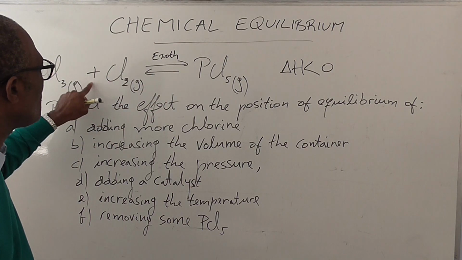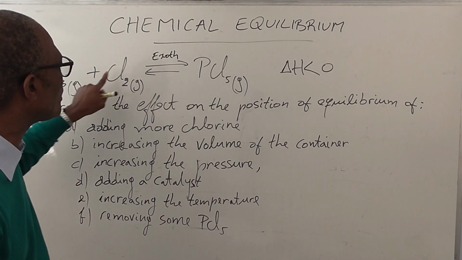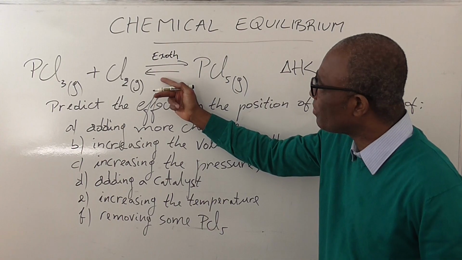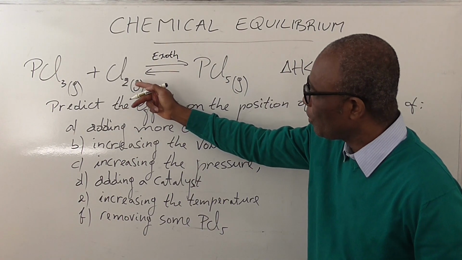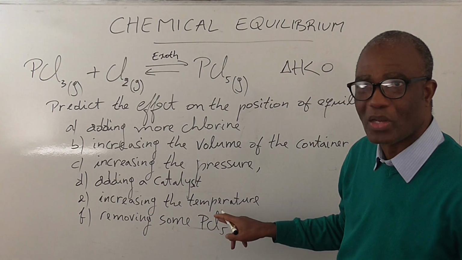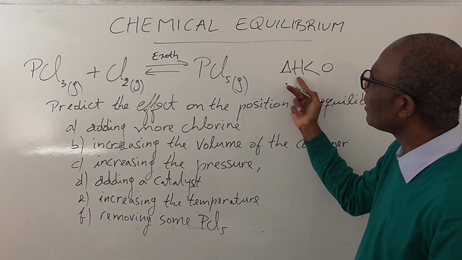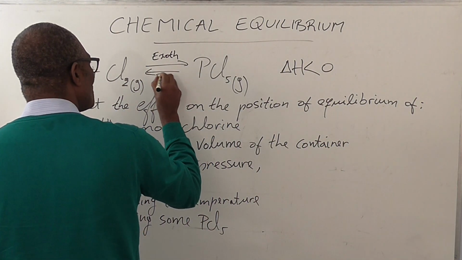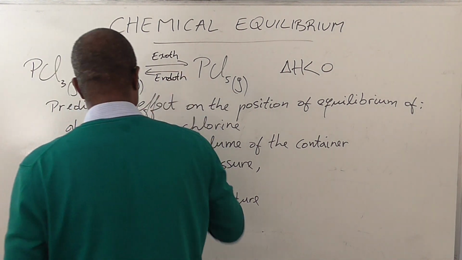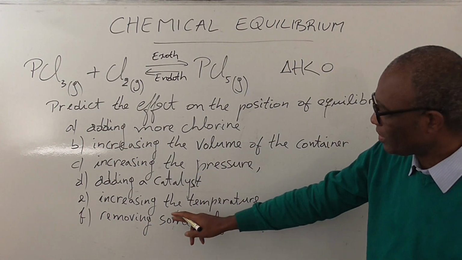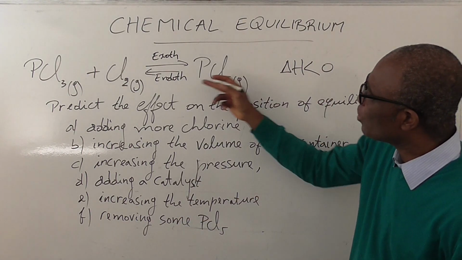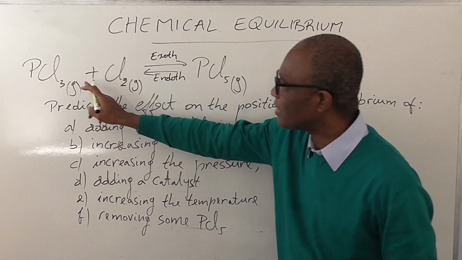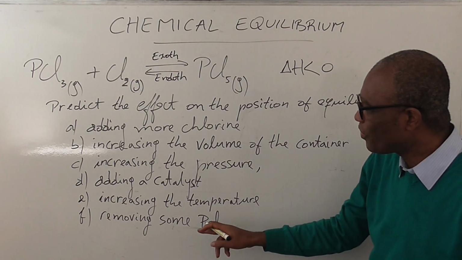The equilibrium will shift to the left-hand side when we increase the temperature, because the forward reaction is exothermic and the backward reaction is endothermic. So increasing the temperature, the equilibrium shifts to the left, producing more reactants.